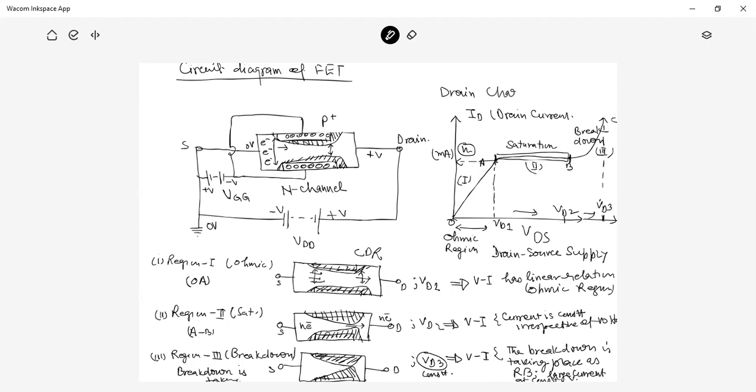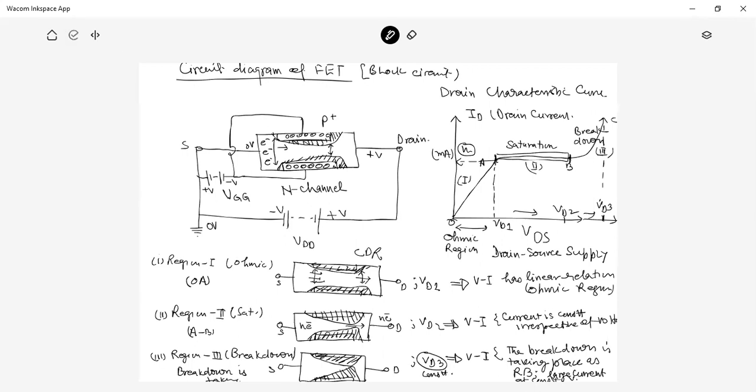Drain characteristic curve, and here is the circuit. This circuit is known as the block circuit.